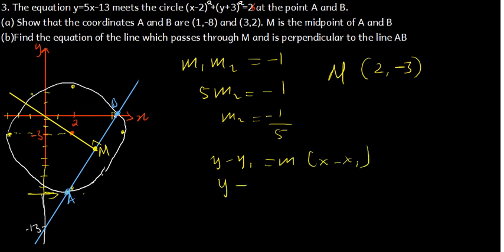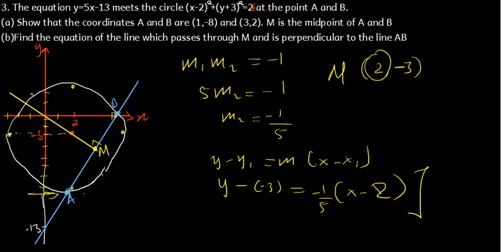This is just a point where the line is passing. The line is passing at -3, so that will be -3, and that will be equal to m, the gradient, which is -1/5, and then x1, which is 2.